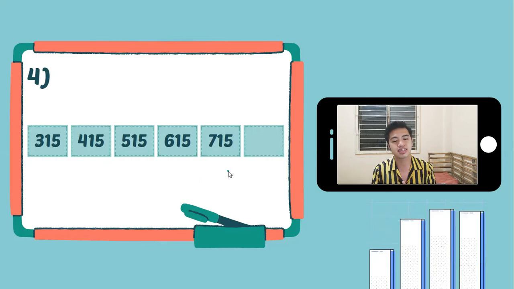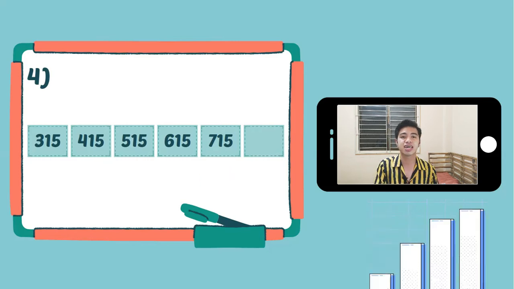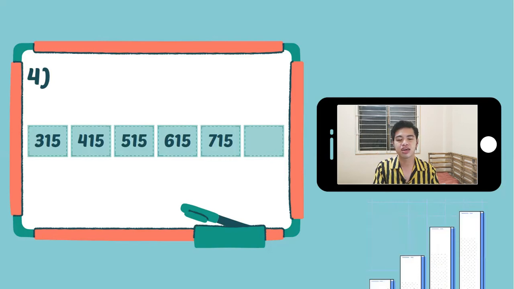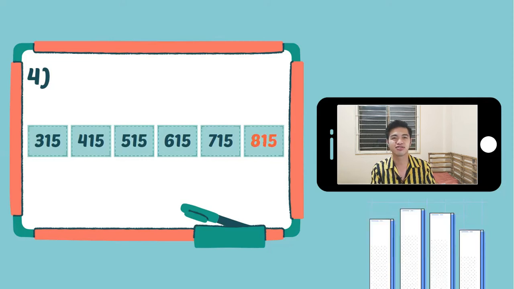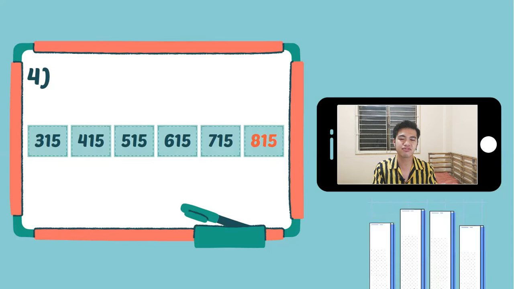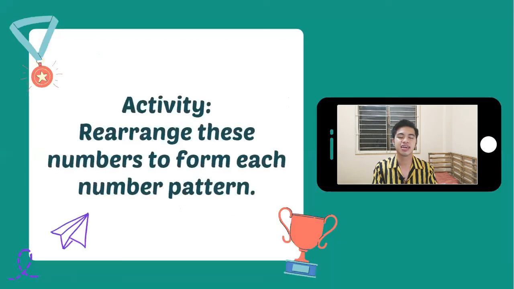So we're going to do the same thing. We will add 100 to 715 and it will become 815. So that is our answer for number 4. Okay. Good job, kids. You did a great job on that activity.